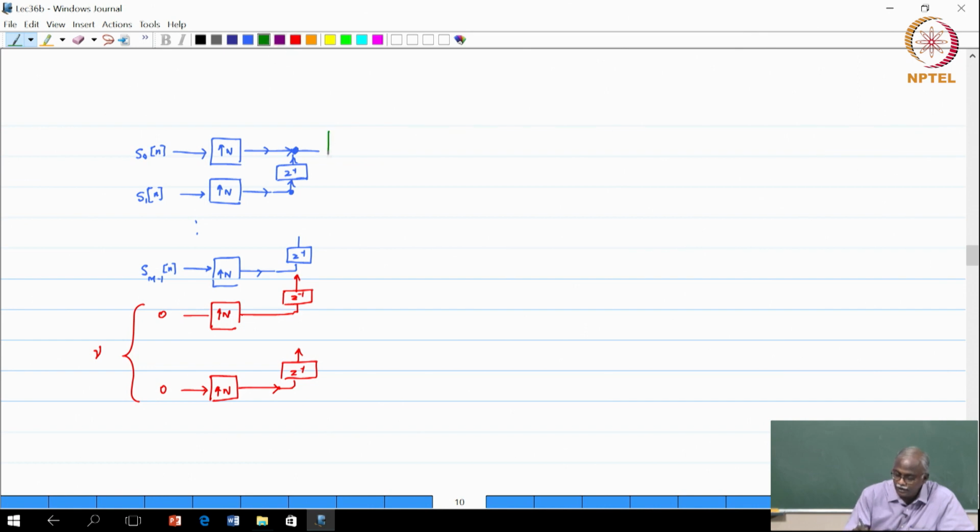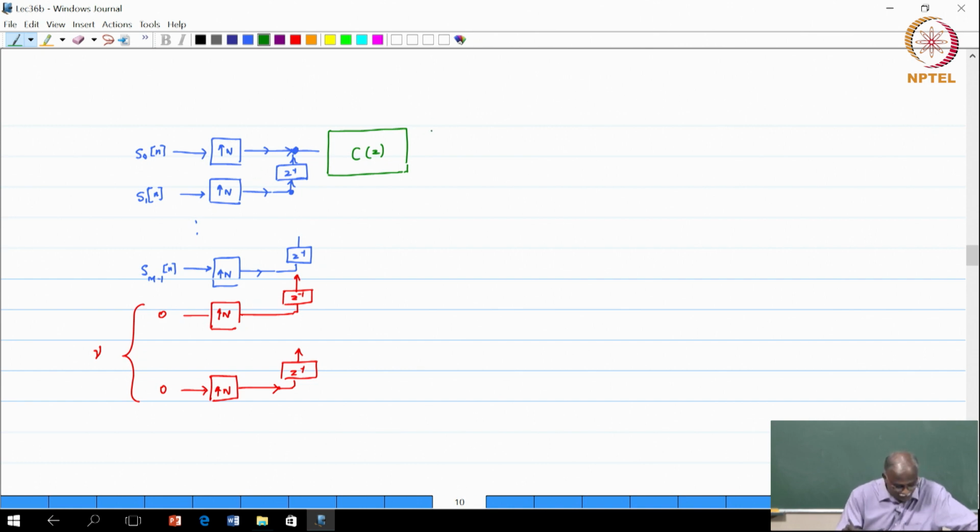Now, this combined signal, multiplexed signal, which now has the redundancy in the form of 0 padding, passes through the channel C of z. Basically, this will become the pseudo circulant form once you take the upsampling by n.